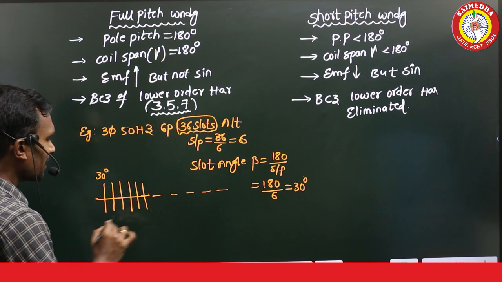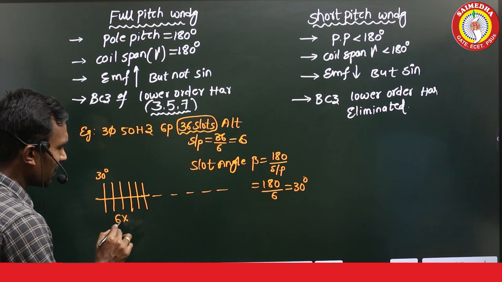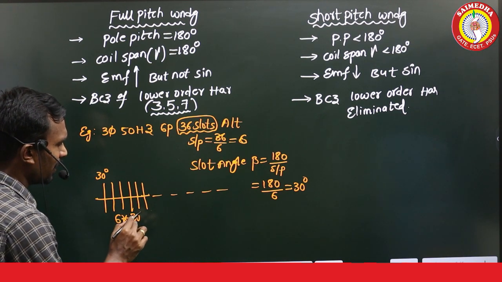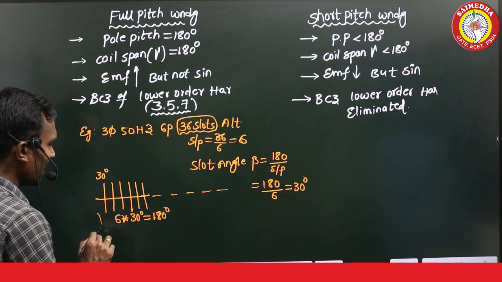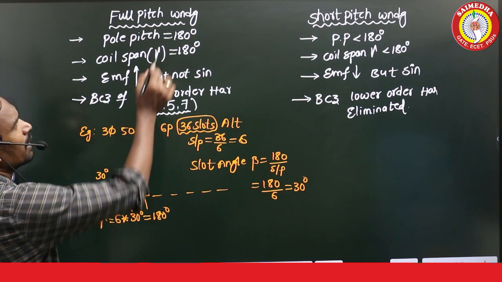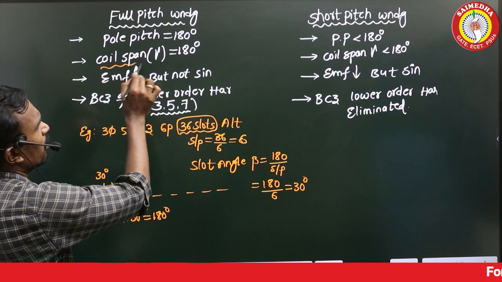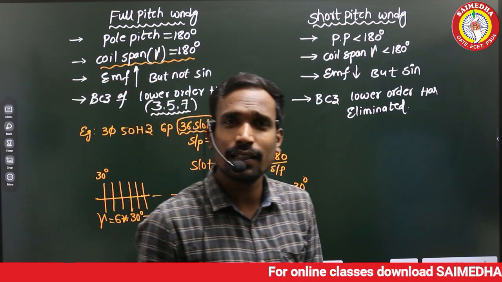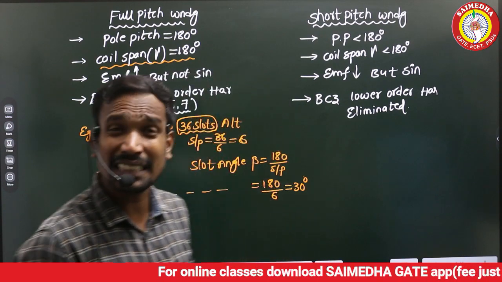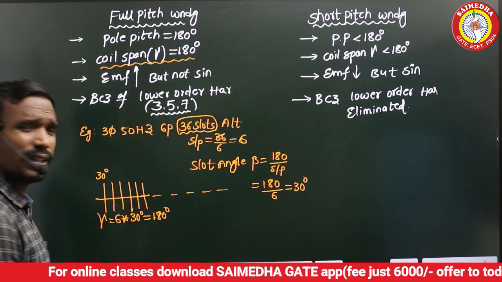How many slots are there? 6 slots, each 30 degrees. So the coil span is 180 degrees. What I told you already, if the coil span is 180 degrees, such type of winding is called full pitch winding. Yes or no, guys? So here the coil span is 180 degrees.